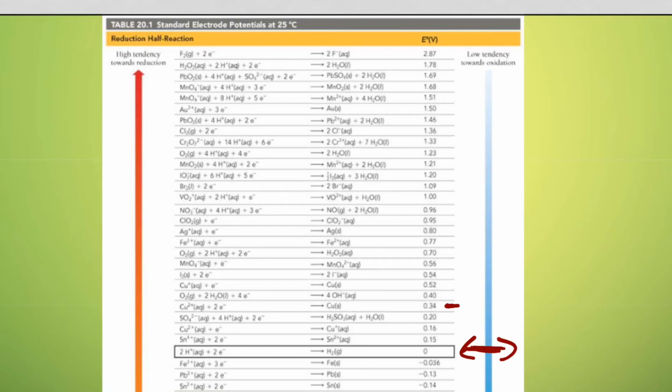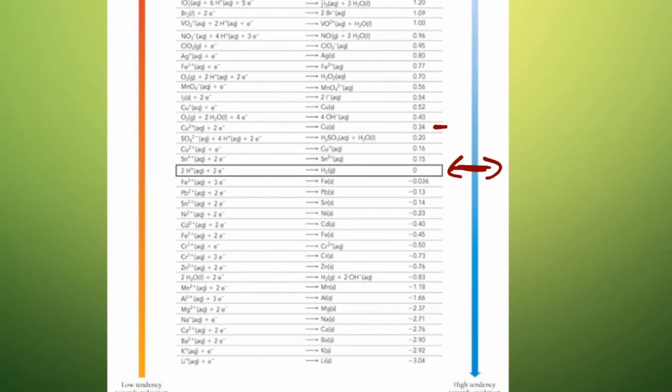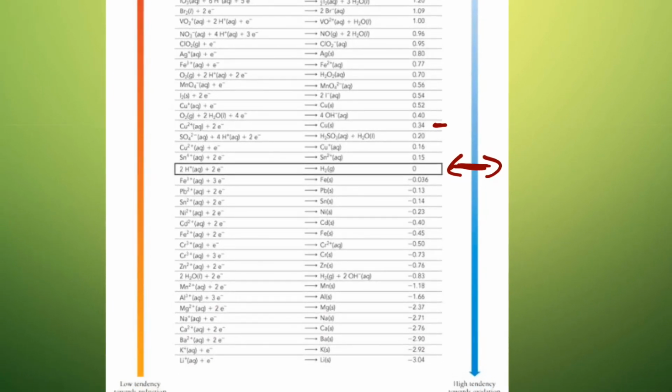You look at things that are more likely to undergo reduction here. If you then look lower in the table, you see things that are less likely to undergo reduction, or in other words, would more likely want to undergo oxidation if paired with the SHE electrode. If you look at our zinc down here, our negative 0.76 reduction potential, this is where you're going to find the bulk of metal ions.